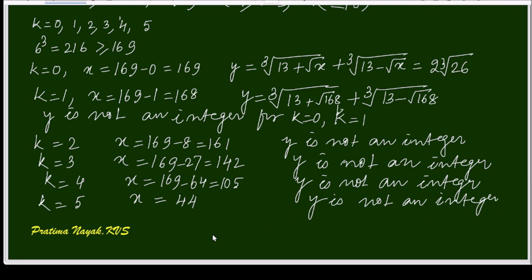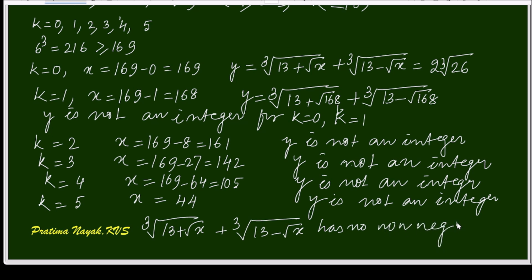That means there is no solution in non-negative real numbers. So cube root of 13 plus square root of x plus cube root of 13 minus square root of x has no non-negative real solution.